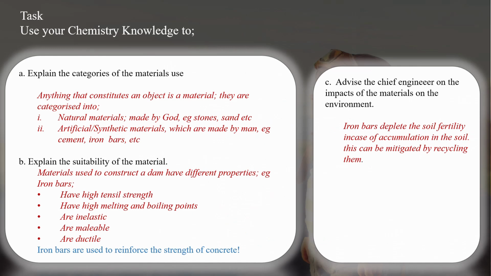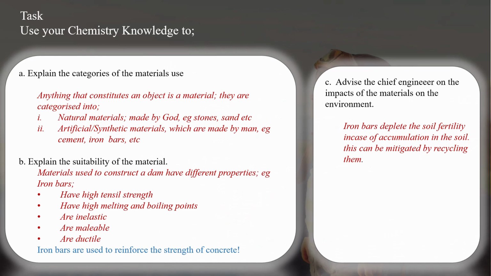Now, when I'm explaining the suitability, the materials used to construct a dam have different properties. For example, the iron bar has high tensile strength. It means it is very strong.